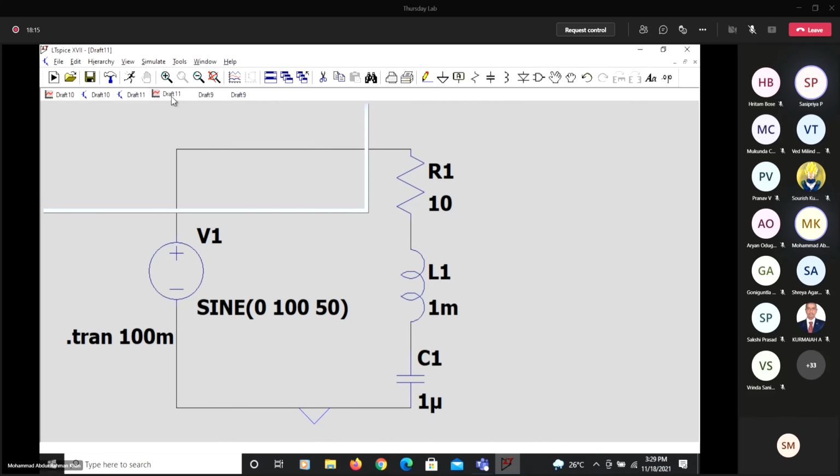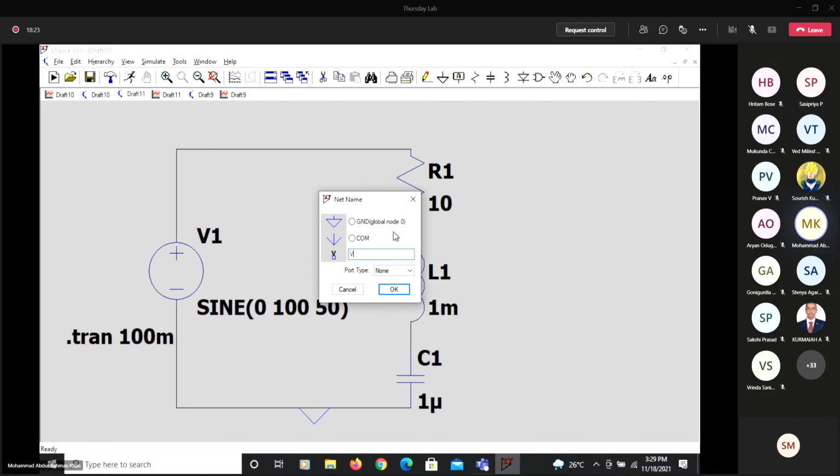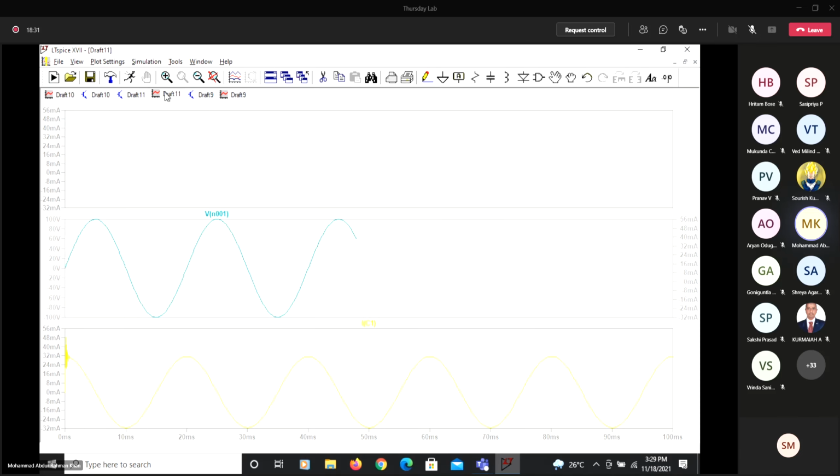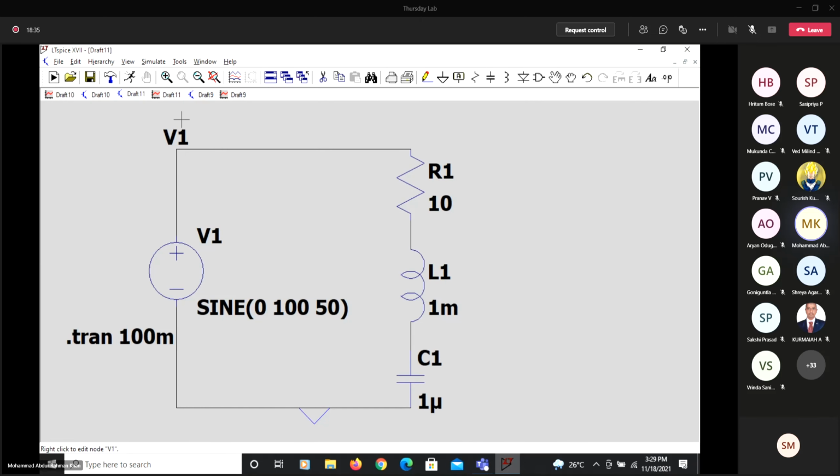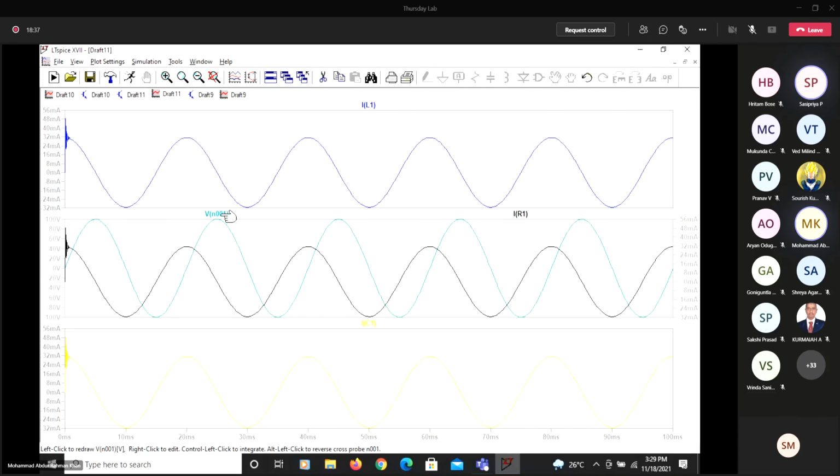Yeah, now plot this V of V1. You can close all the other waveforms. If you require, you can take screenshots a little later.